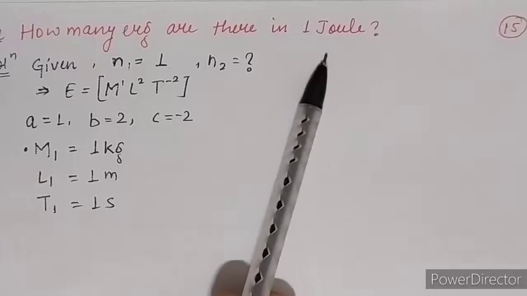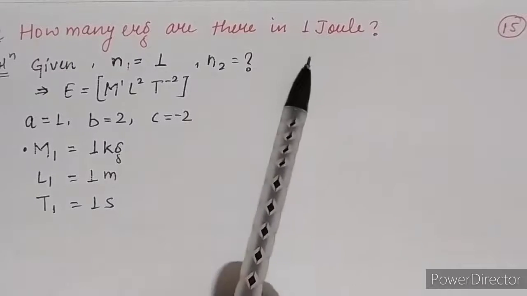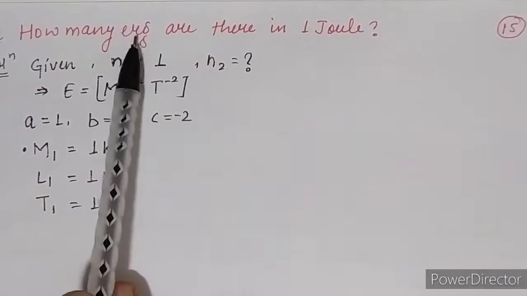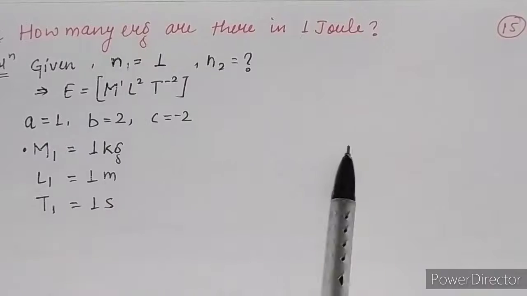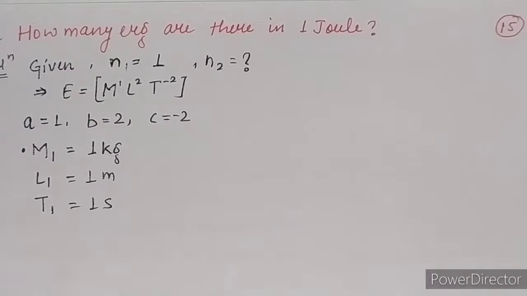The given value, which is in the MKS system, has been written in the numerator. If it was opposite, that the MKS value had to be found and the CGS value was given, then the CGS value would be written in the numerator and the MKS value in the denominator. It completely depends upon the question, which system of unit we have to calculate.